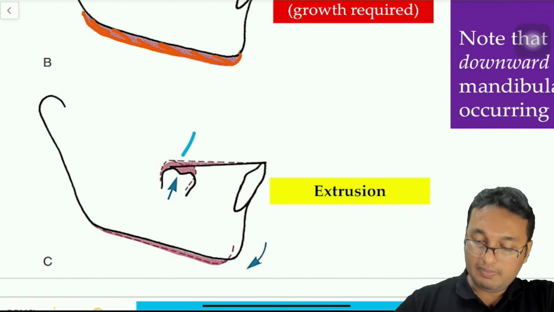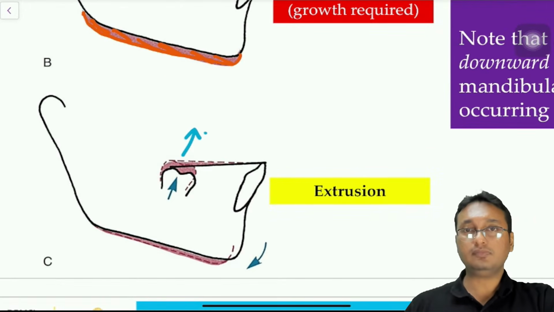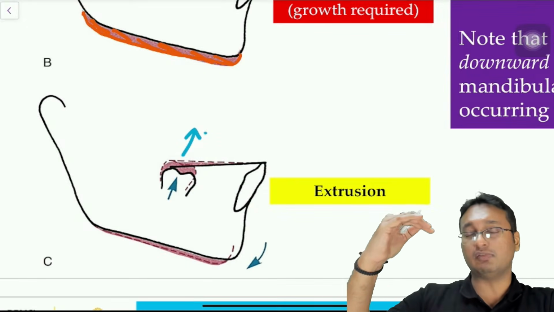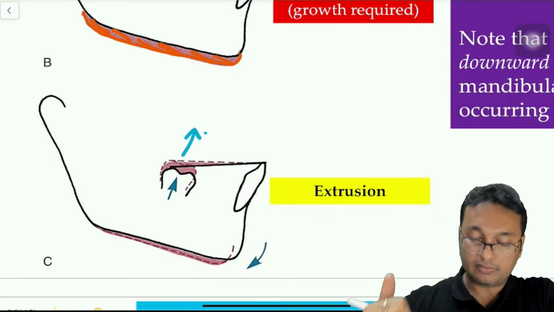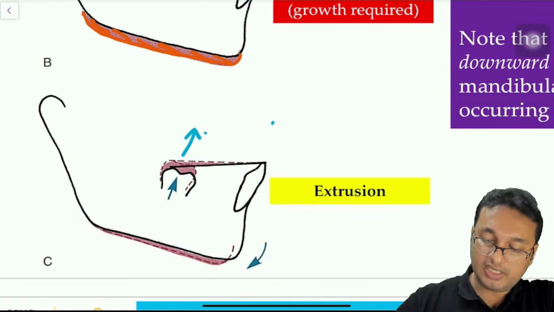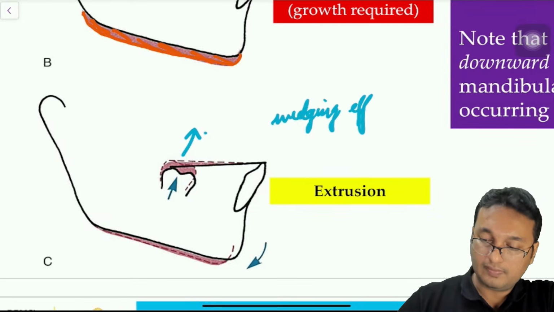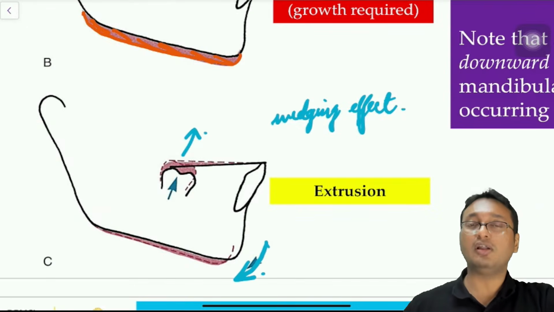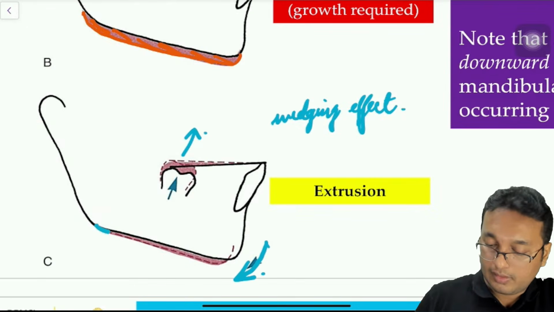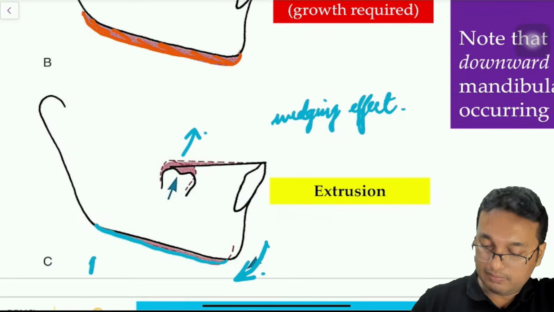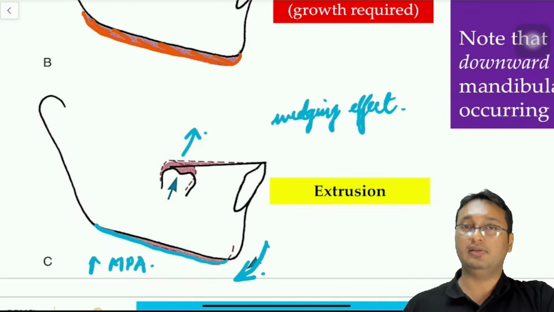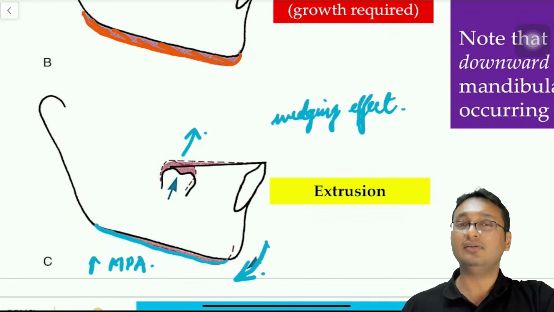We are actively making the molar erupt. We are actively doing some mechanics which facilitate the eruption of the molar. Upon doing so, because of the wedging effect, the mandible rotates in a downward and backward direction, thereby increasing the mandibular plane angle in relation to the Frankfurt horizontal plane, if you look at it in a lateral cephalograph.